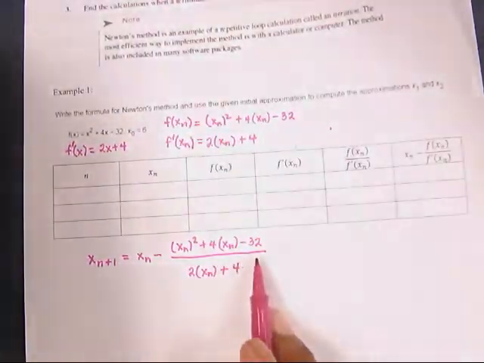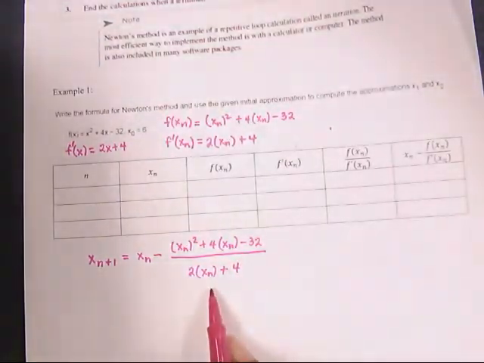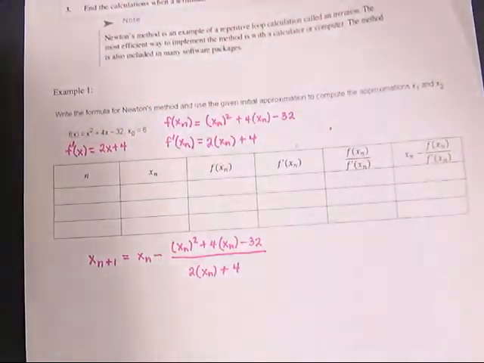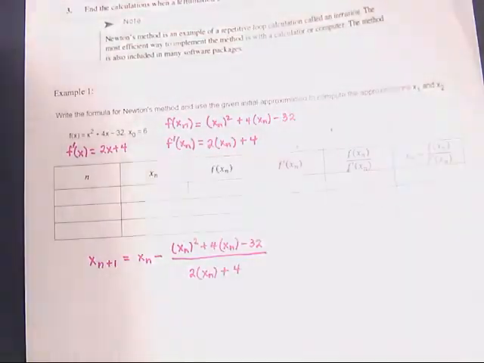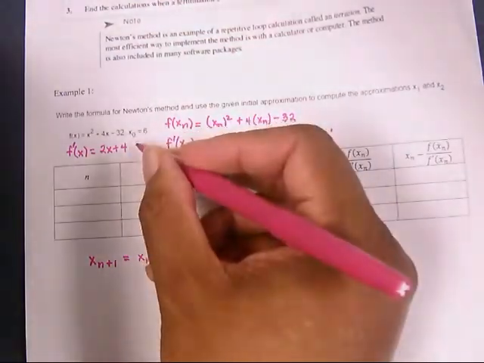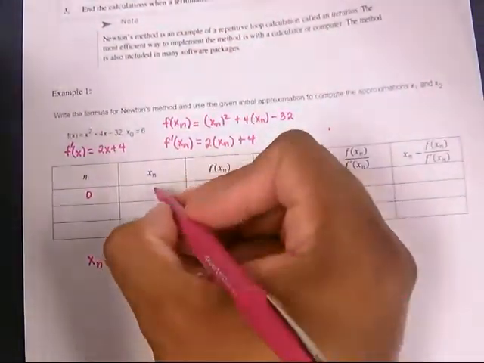Now keep in mind that f of x is going to be in the numerator and f prime of x is in the denominator. Okay, and now let's use this formula to find the approximations x1 and x2. Well, I know n is 0, so this is x sub 0, which is of course 6.